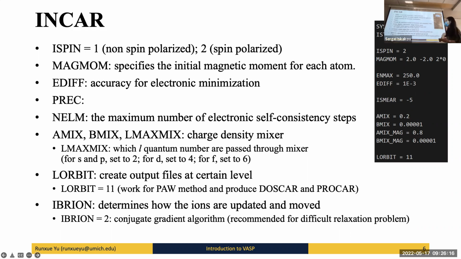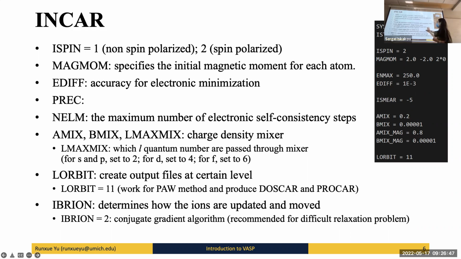If the energy hasn't reached the energy difference, then it will do this number of steps in your calculation. And we also have another parameter, NSW. It is the maximum number of ionic relaxation steps. I will show it in the examples, I think.